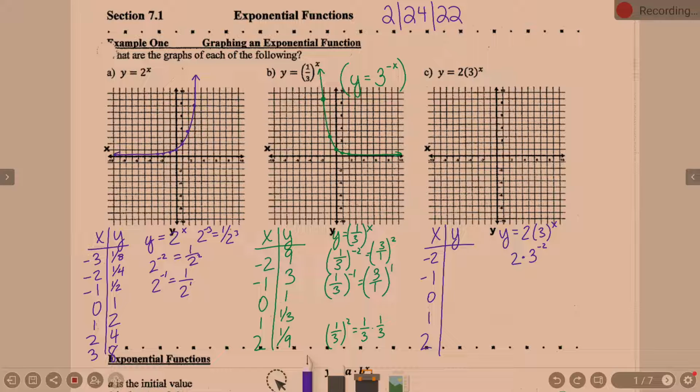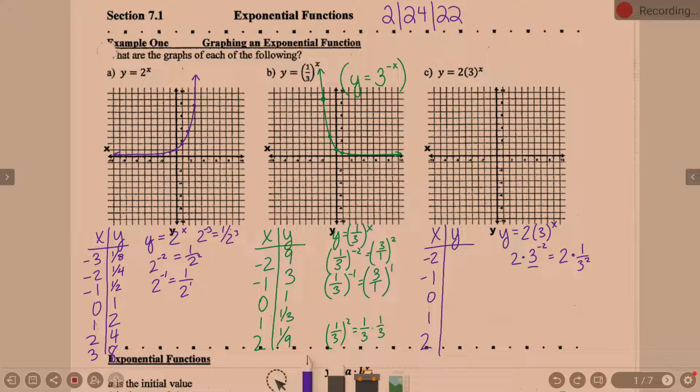Exponents first. So this is still 2 times, okay, negative exponent says take it to the denominator. So I'm going to say 1 over 3 squared. Right? Negative exponent says take it to the denominator. But 1 over 3 squared is 1/9, right?